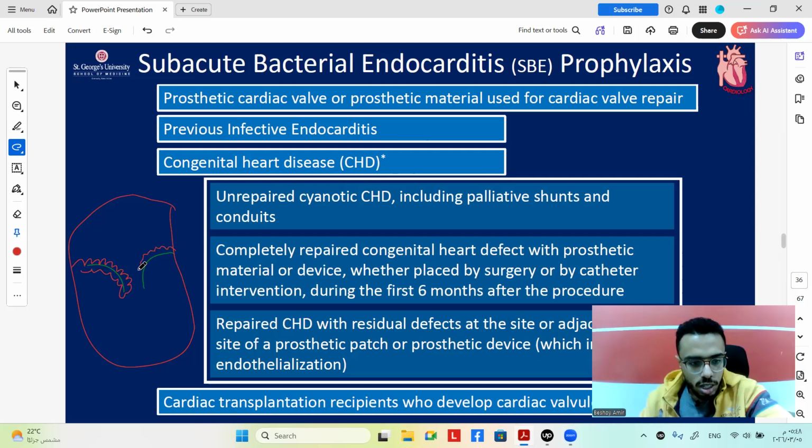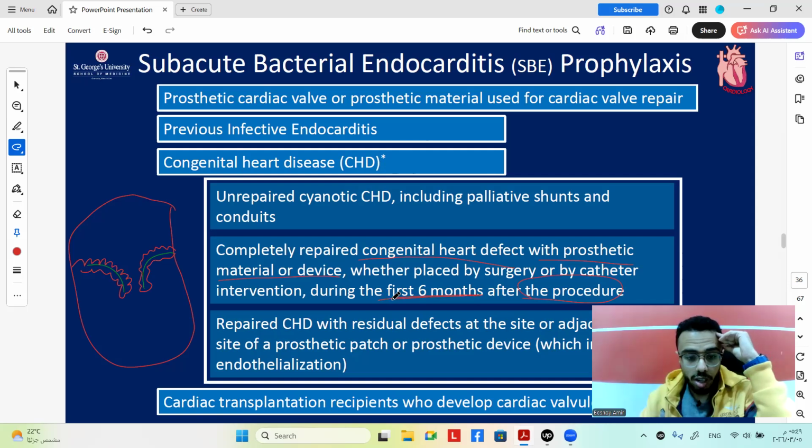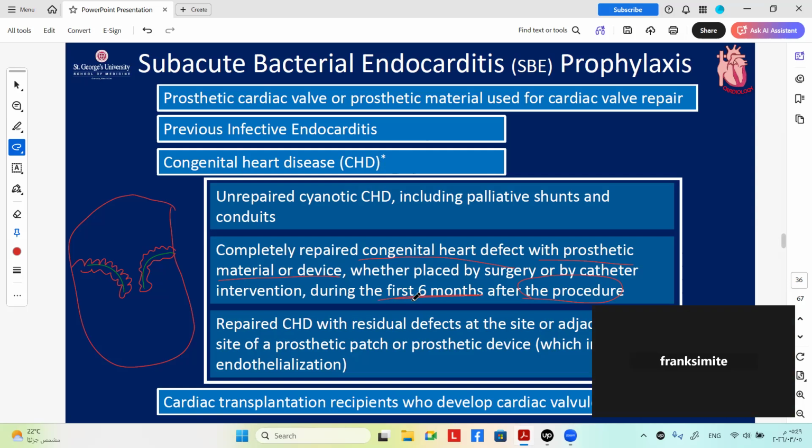This epithelialization takes about 6 months. So if I have repaired a patient's congenital heart disease with a prosthetic valve, but it's more than 6 months after the repair, then we are fine. He doesn't need prophylaxis, by the way. But if it's less than 6 months, he needs prophylaxis, because it's still a foreign object. Okay, gotcha.